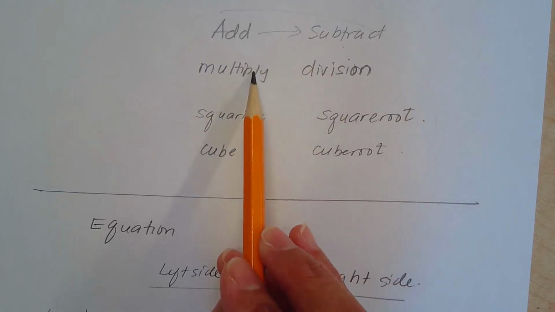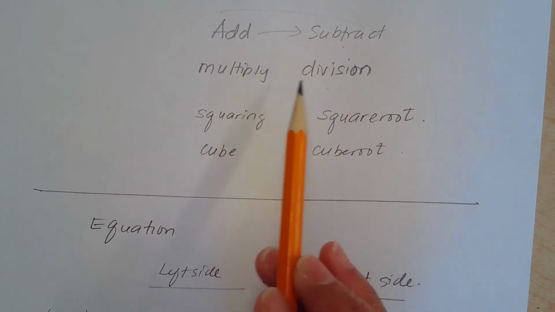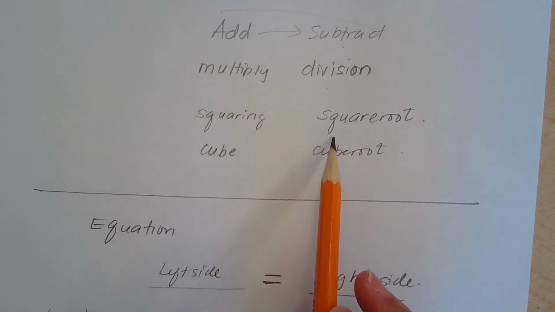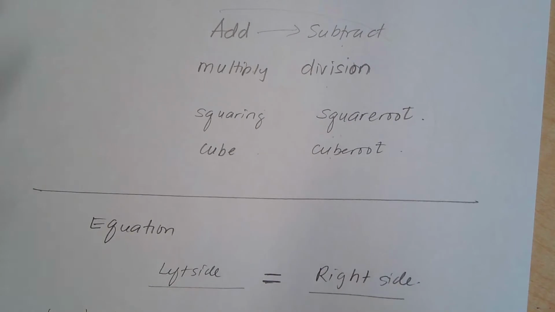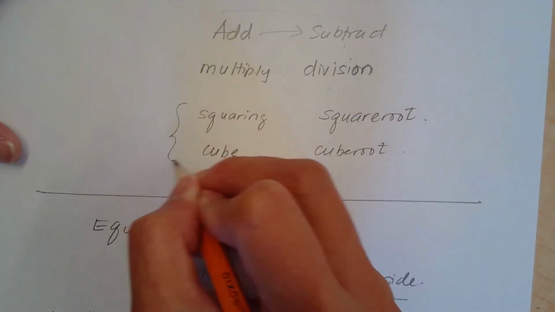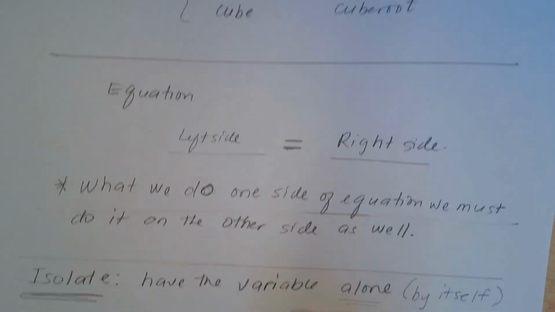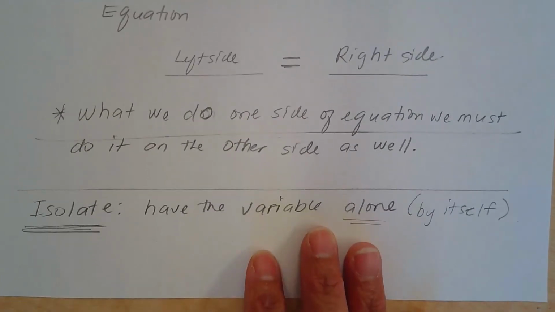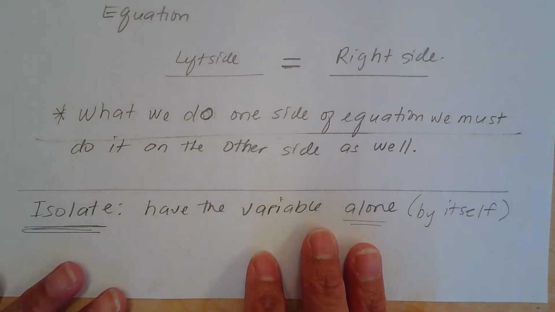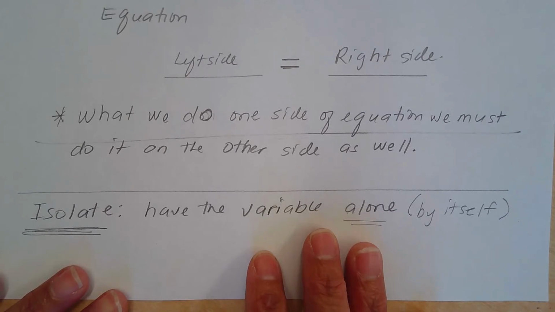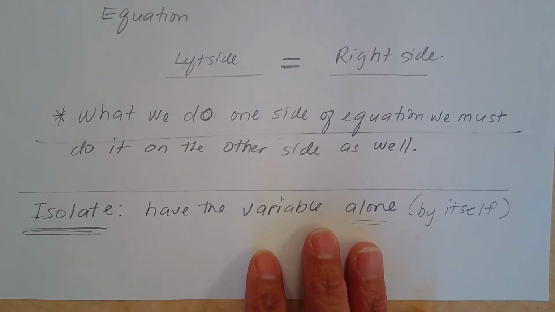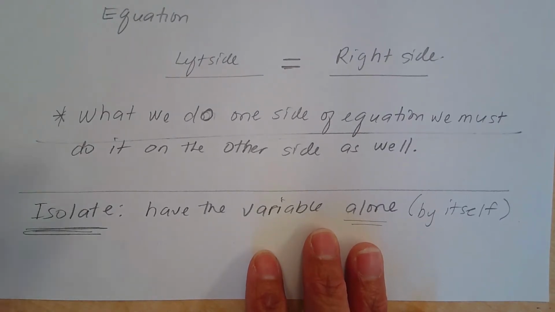If you see multiplying, there's a division that we'll do. Squaring, there's a square root that we'll do. Cubing, there's a cube root that we should do. We're really not going to focus on these ones today, although maybe later on we will. Okay? And then we talked about isolating the variable. That means keep making it alone by itself.